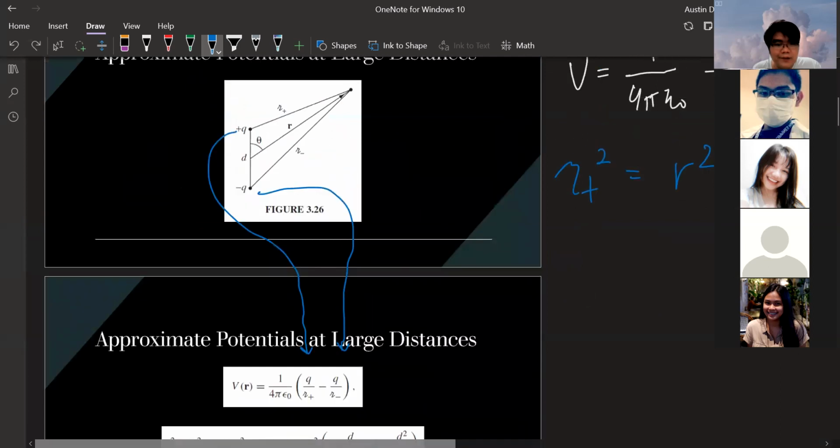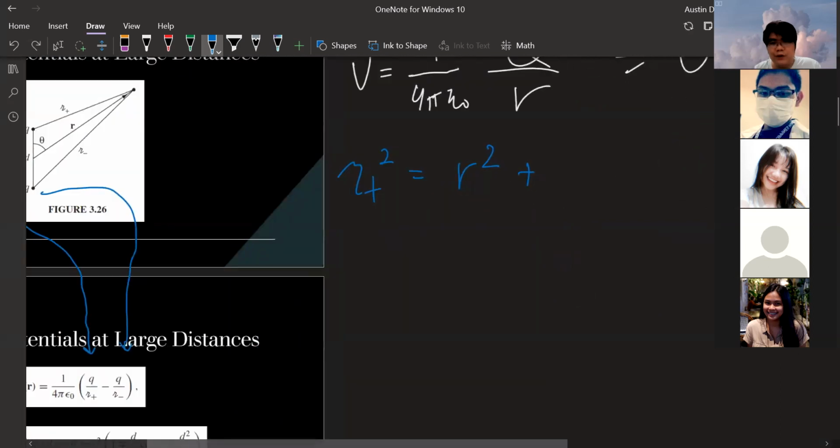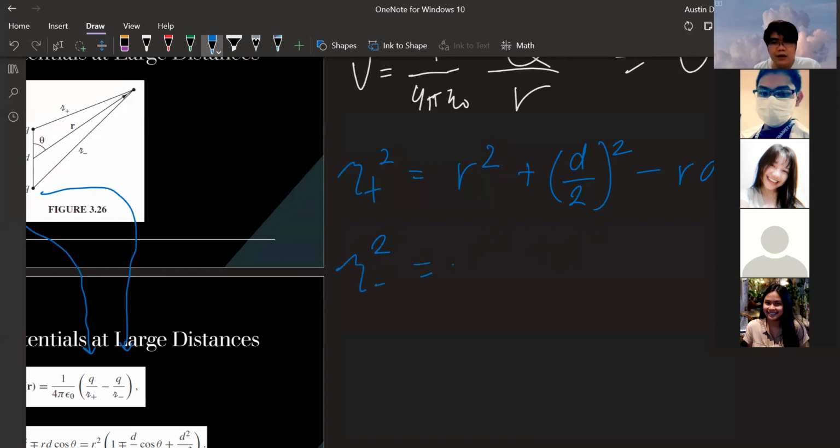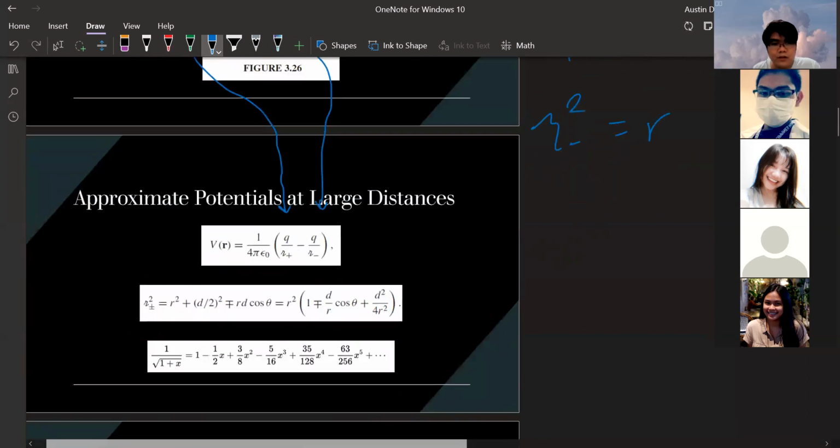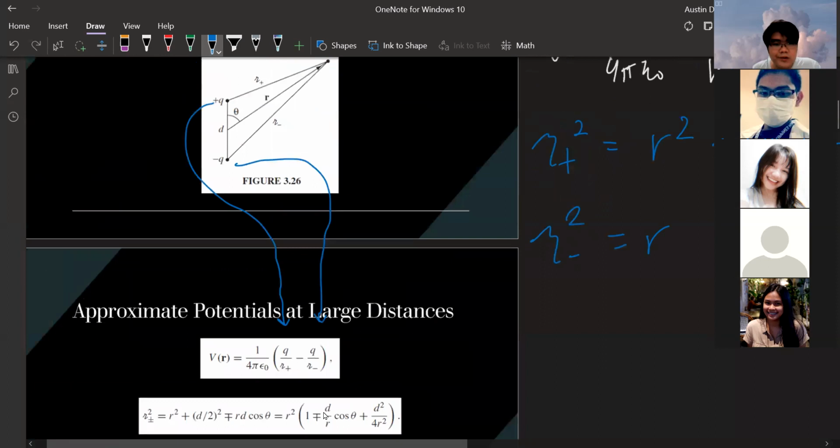Okay? So we have to include that in the square. Okay? And then minus R D cosine theta. Kasi 2RD dapat pero D over 2 siya. Then the R minus will be R squared.